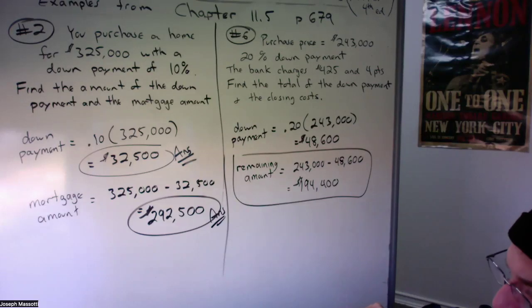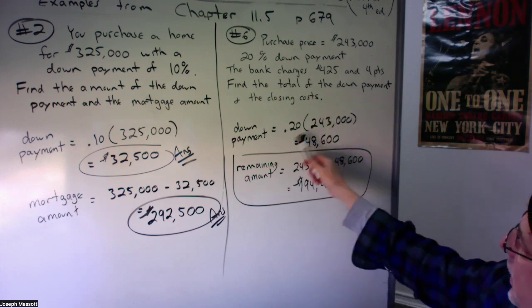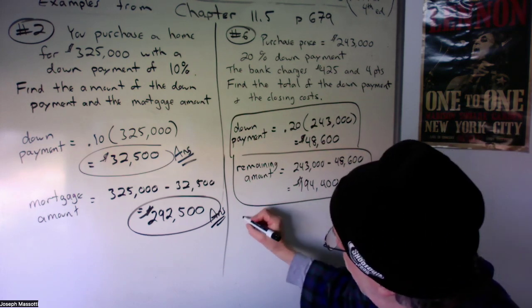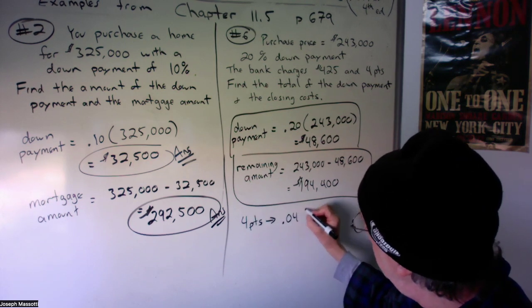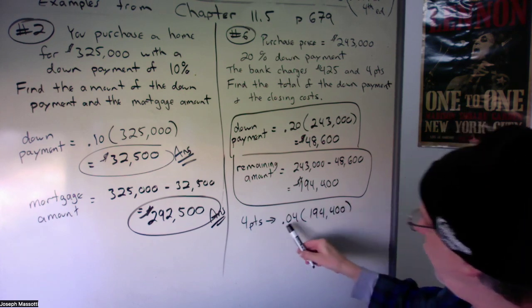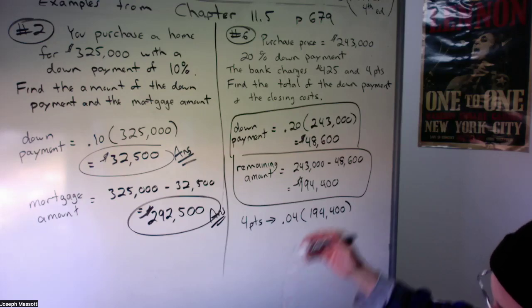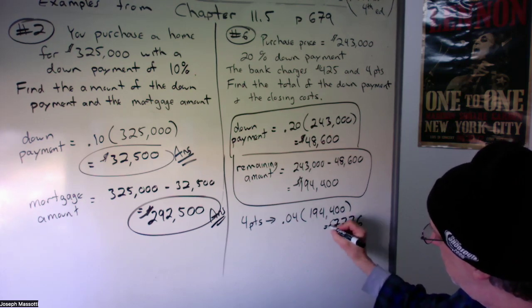All right. So the question here was find the total of the down payment and the closing costs. So we have the down payment, but now the closing costs, 4 points, is going to be 4% of that remaining amount. So 4% of that remaining amount, 194,400, is $7,776.